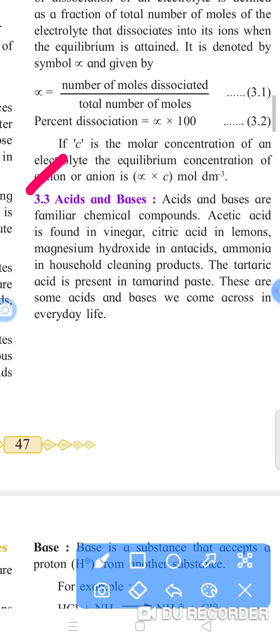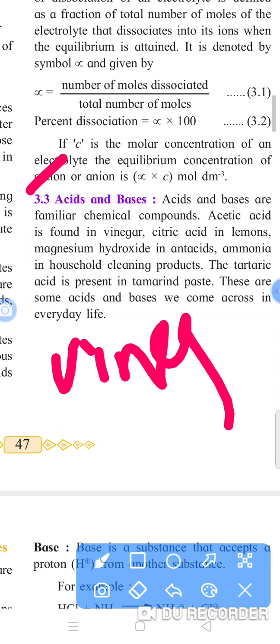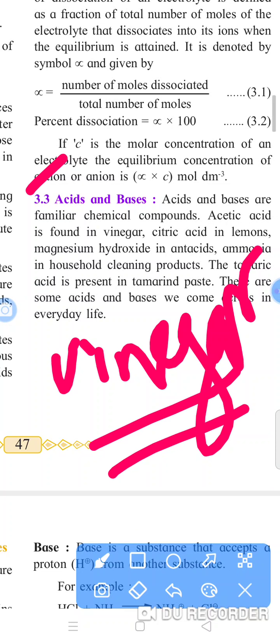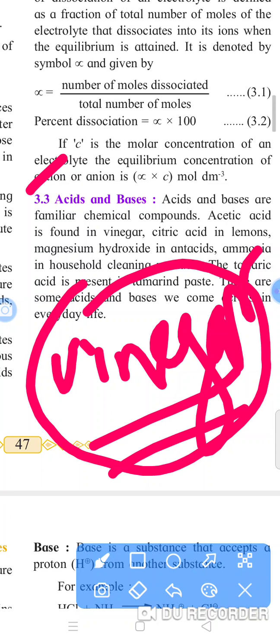For example, acetic acid is present in vinegar. So, students, we use vinegar for pickle. Vinegar contains acetic acid. Do you know citric acid is present in lemon or citrus fruits?